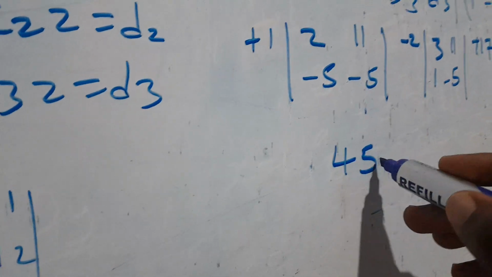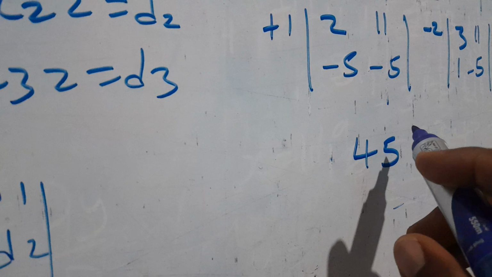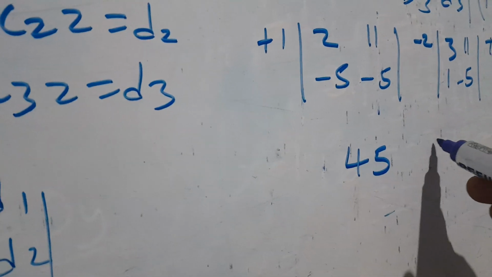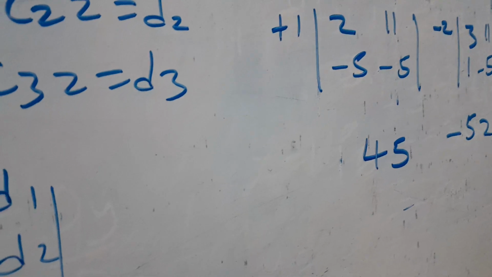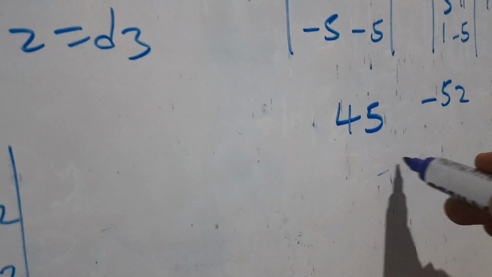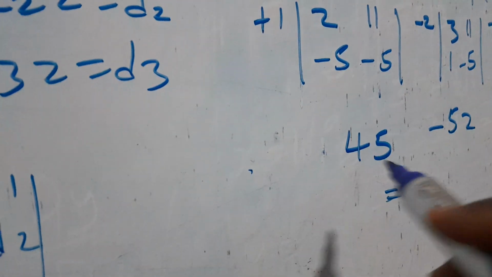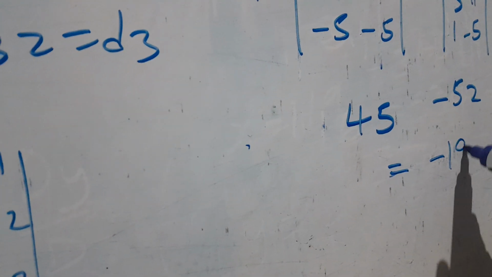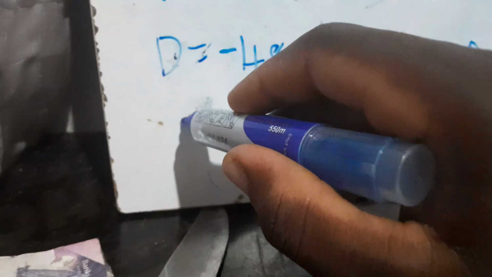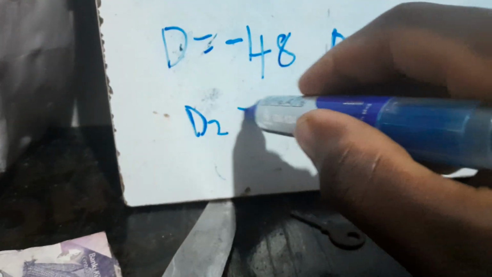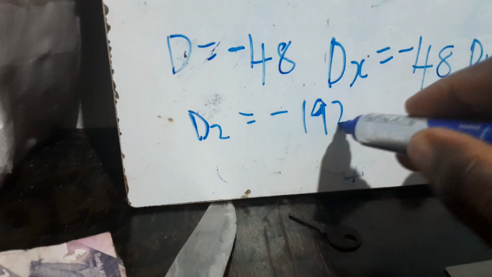Find your answer here to be 45, and then you work out this one, you find -52. You find -289. You work out this one, 45 minus 52 minus 289, you have -192. Now the value of our dz is -192.